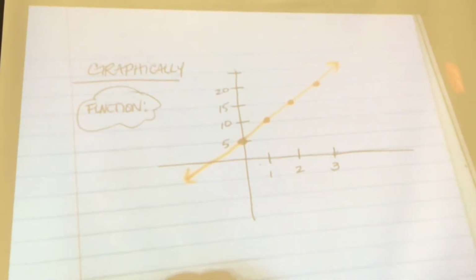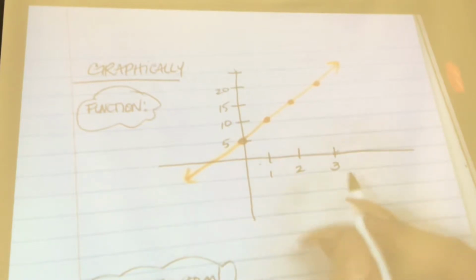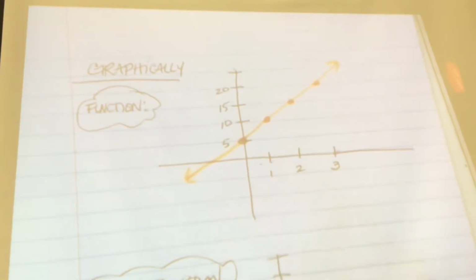What would it look like if it's not a function? Five, 10, 15, 20, 25, 0, 1, 2, 3.